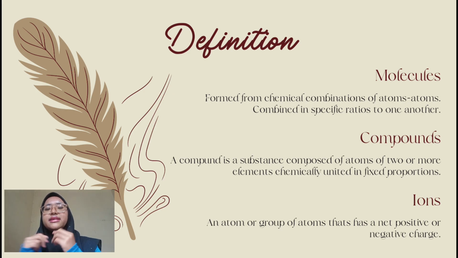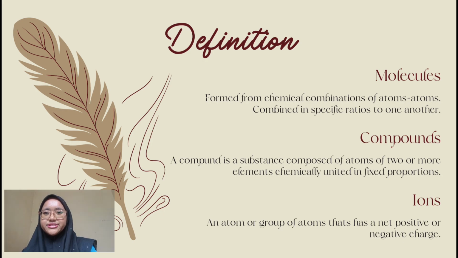Okay, then molecules form from chemical combinations of atoms combined in specific ratios to one another. Compound, a compound is a substance composed of atoms of two or more elements chemically united in fixed proportions. And the last one is ions, an atom or group of atoms that has a net positive or negative charge.